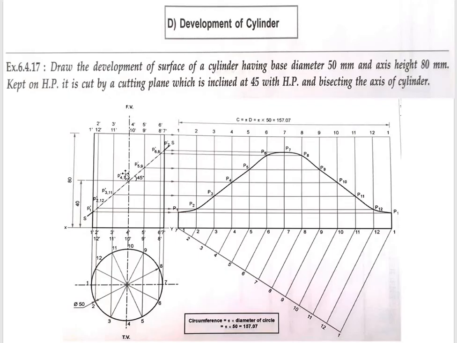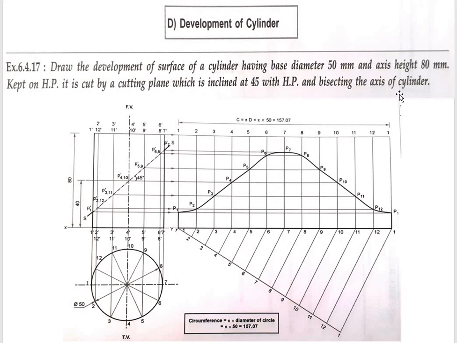Again see here, I have taken one more problem of the cylinder. Okay, draw the development of a surface of a cylinder having the base 50 and height 80, kept on HP, cut by an AIP at 45 degrees with the HP, and bisecting the axis of the cylinder.